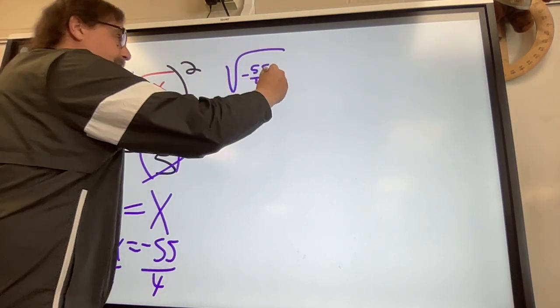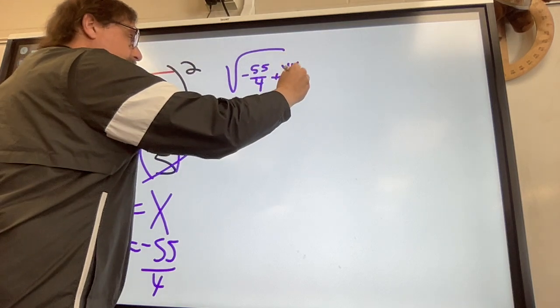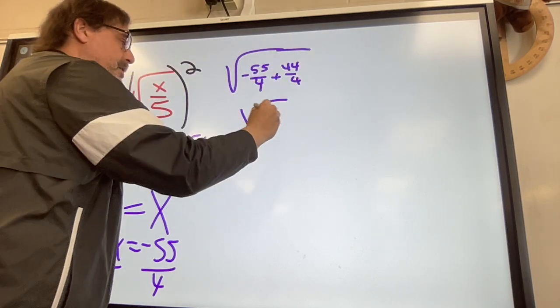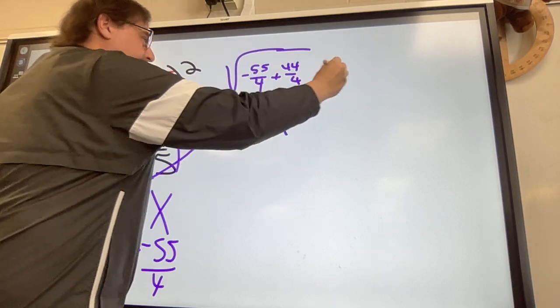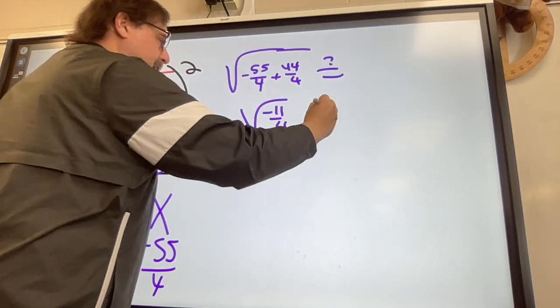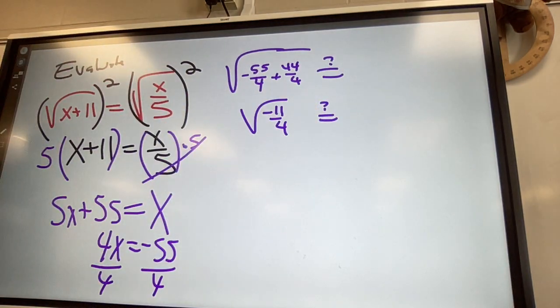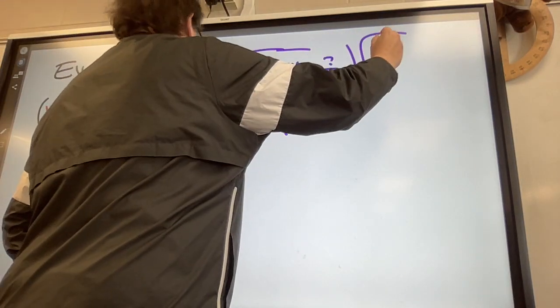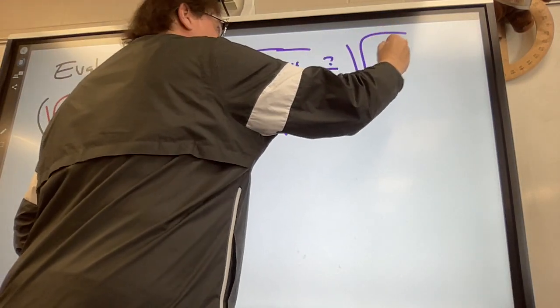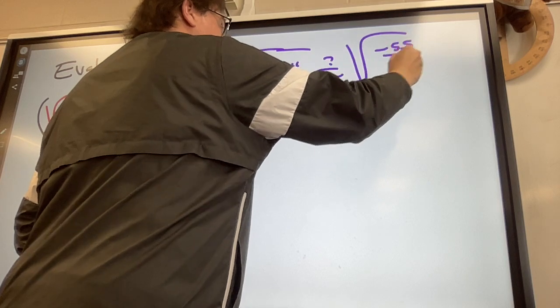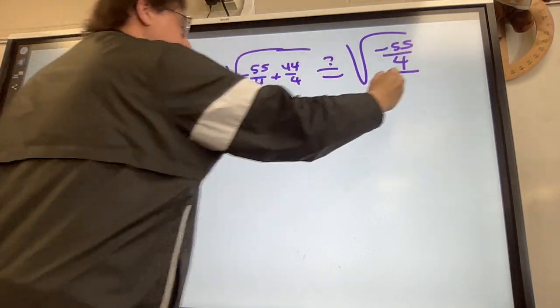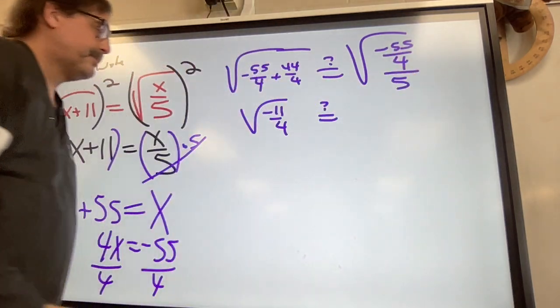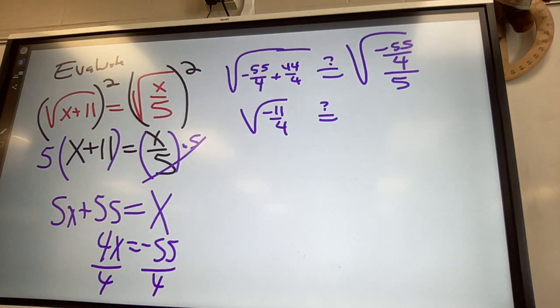So that's going to be 44, which is, okay, so that's an imaginary number, ick. However, it works if the other side becomes imaginary. So now I've got this one, and this is icky.